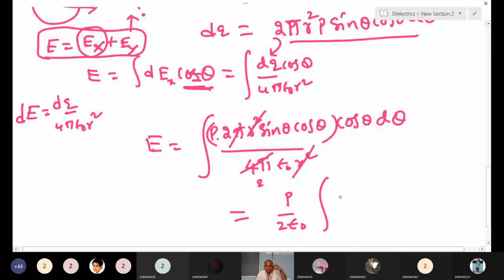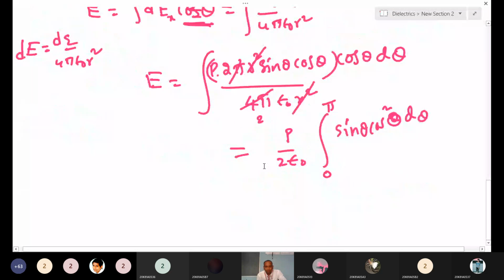So now what are the limits? Theta limits 0 to pi. Now you integrate this one, you will get the E4 value. If you know the formula, you can write it directly. If you don't know the formula, what is the answer?